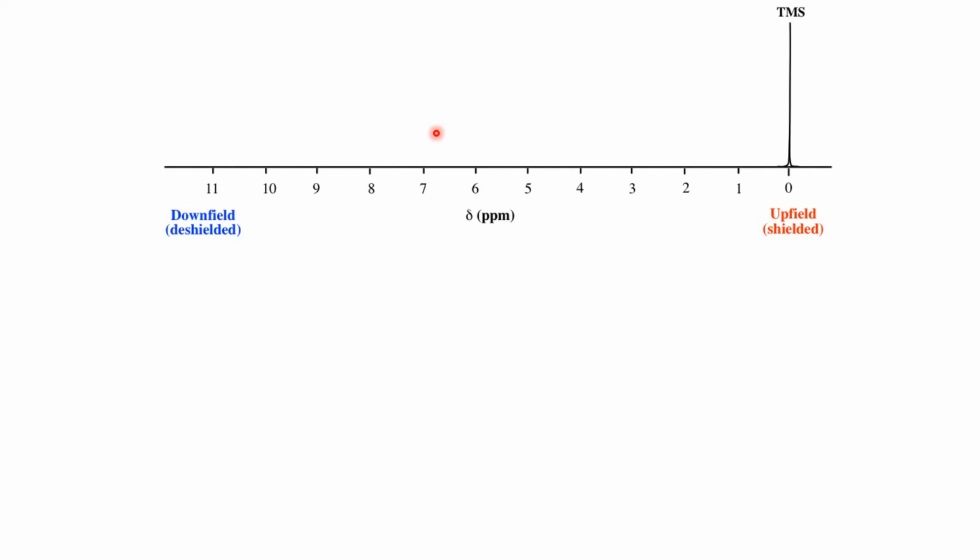This indicates the downfield, that means lower magnetic field. Okay, so a higher delta value means it is downfield. Chemical shift is downfield, and a lower delta value means chemical shift is upfield. Let's see.